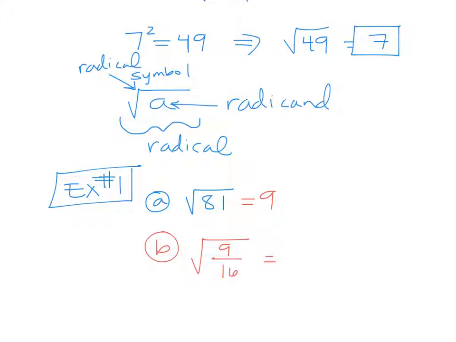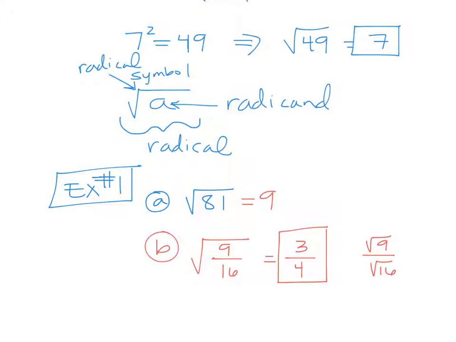Okay, so the square root of 9 is 3. The square root of 16 is 4. So it's more like we thought of it as the square root of 9 over the square root of 16. Okay, but this would be your answer for that.